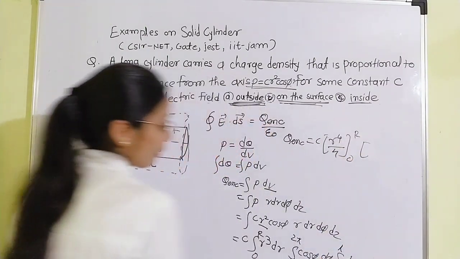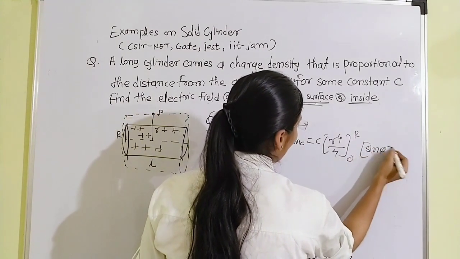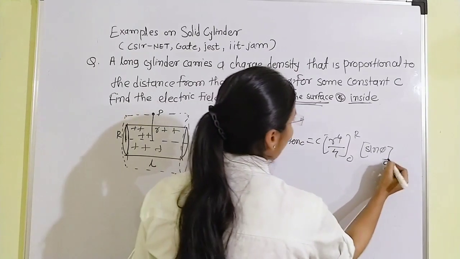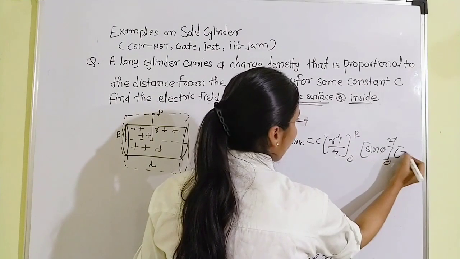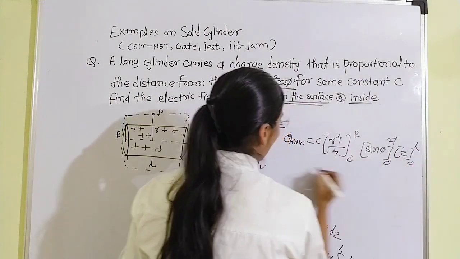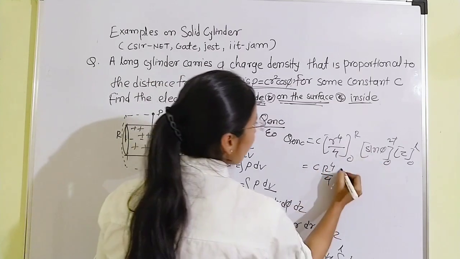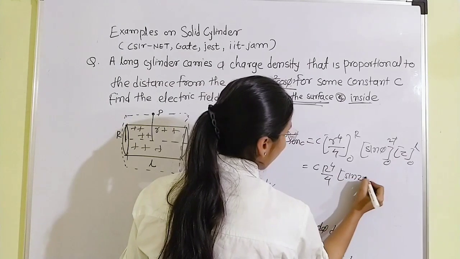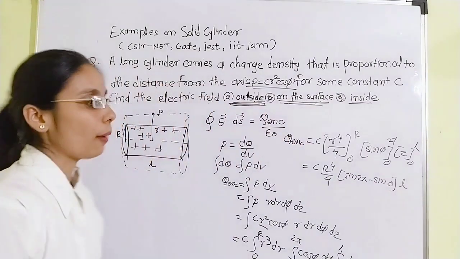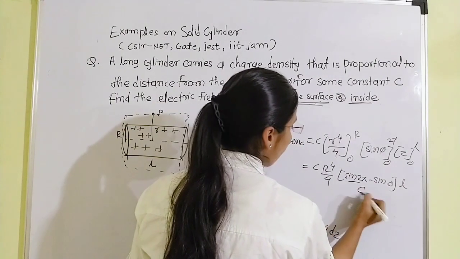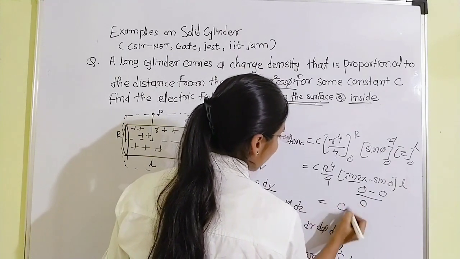Here the integration of cos phi is sin phi, the limit of this is 0 to 2 pi, and the integration of this is z, the limit of this is 0 to L. So here C, this is r raised to 4 by 4 and this is (sin 2 pi minus sin 0) into L. So here sin 2 pi and sin 0 are both 0. 0 minus 0 is 0, so this term is 0. Because of this, the whole term is 0.